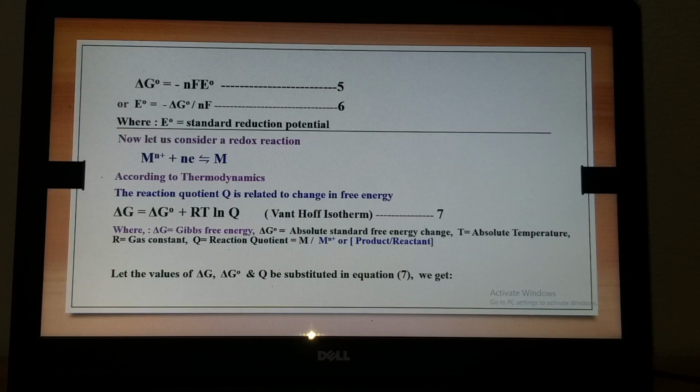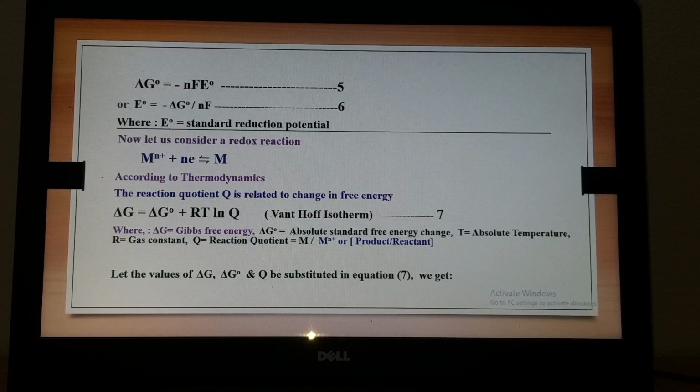And in the reaction, because we are taking the reduction reaction, the reactant is the metal ion and the product is the metal which is deposited at the cathode. Therefore, we can write M by M n+ as the reaction quotient.